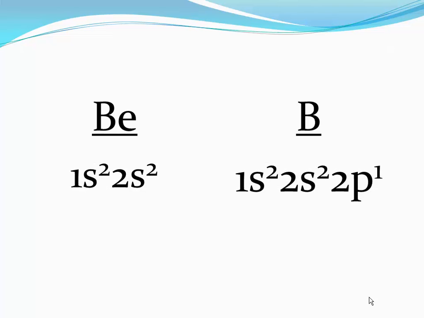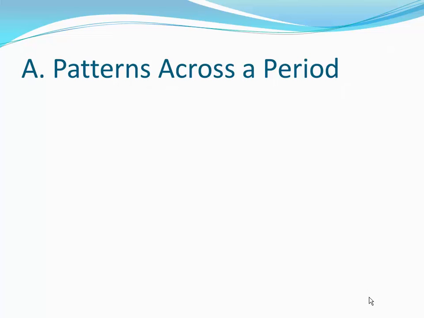Look at the electron configuration. Beryllium is 1s2, 2s2, and boron is 1s2, 2s2, and 2p1. Since it goes to the p orbital, in boron the distance from the nucleus actually increases just a little bit, so it's a little further away.